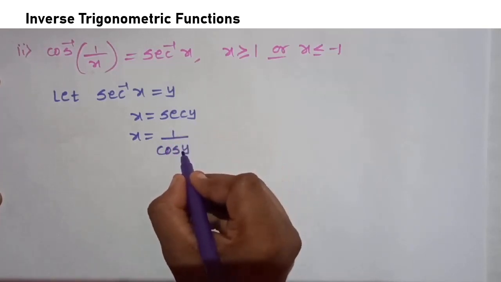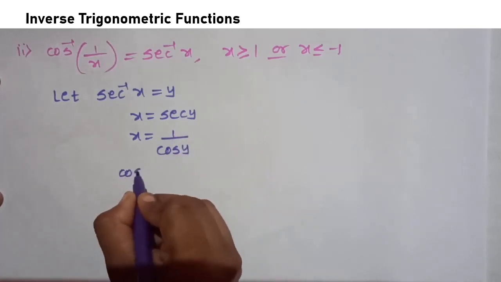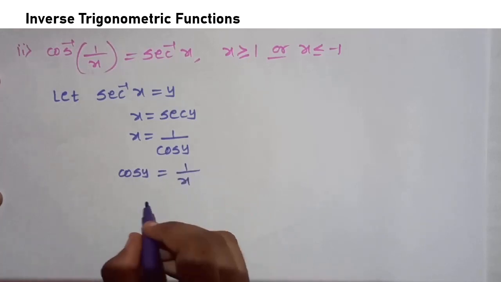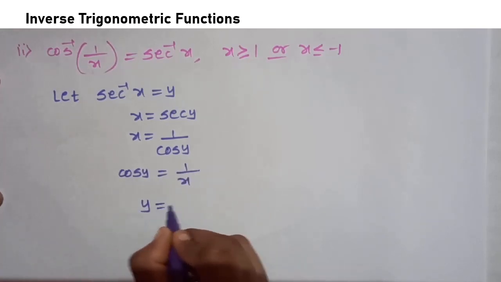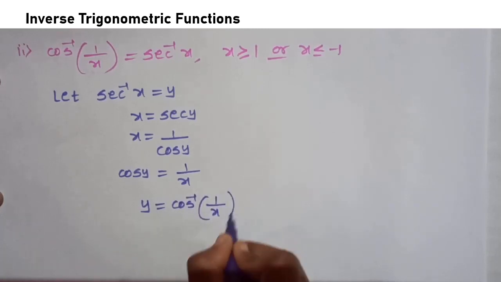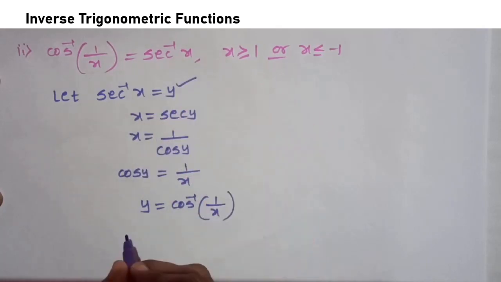Sec is the reciprocal of cos. x is equal to 1 by cos y. Therefore cos y is equal to 1 by x. So again we can write y is equal to cos inverse 1 by x.